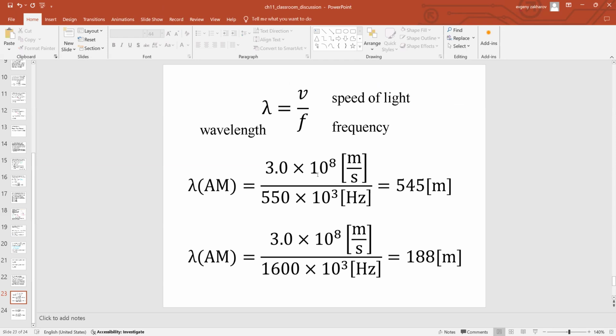And radio waves are electromagnetic waves. You have radio waves, microwaves, infrared, visible light, ultraviolet, X-rays and gamma rays. Those are the candidates that travel at the speed of light. The electromagnetic spectrum.